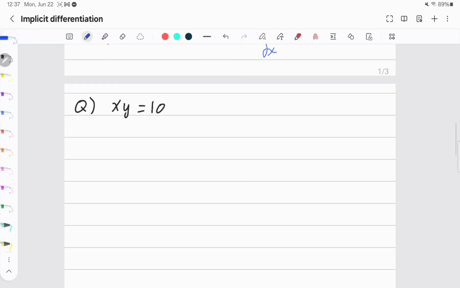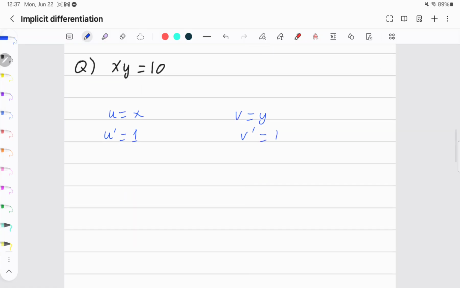Let's do a different example in which there's a product rule. You can see x and y, so instead of just rushing in, you denote your x to be u and your y to be v. Then you can find u dash, which is going to be 1, and v dash, which is 1 again, and when you differentiate the y, you have to add dy over dx.